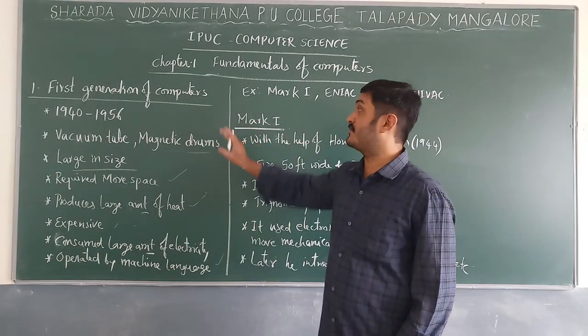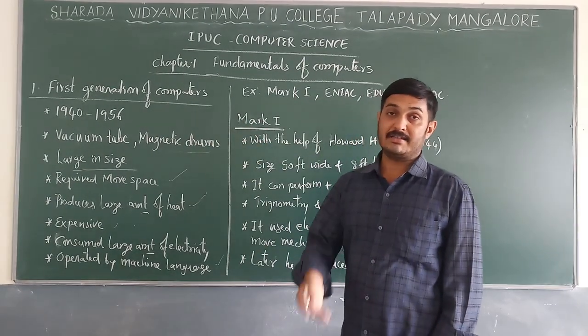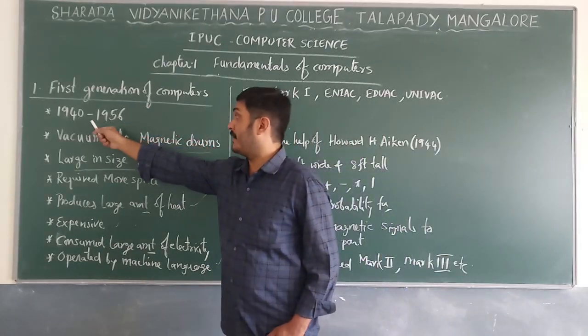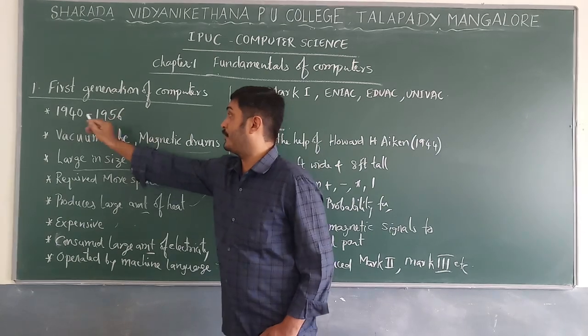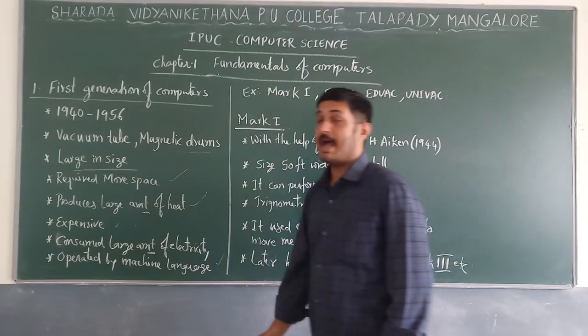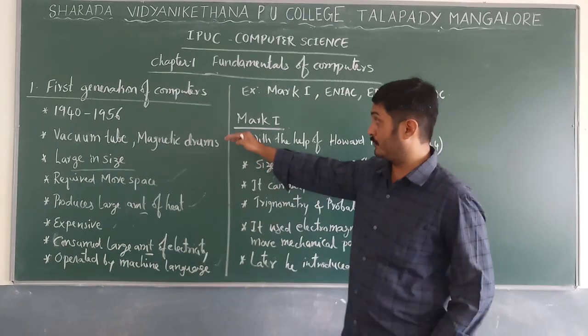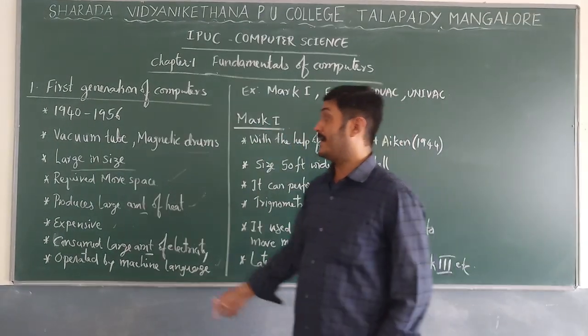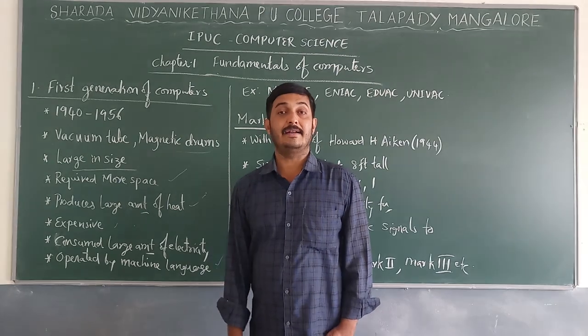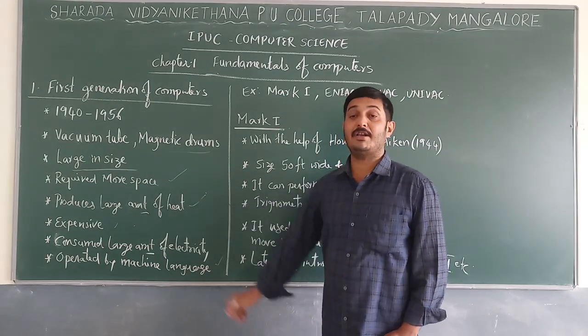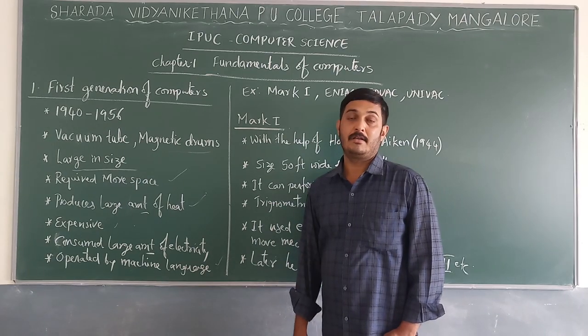Okay, these are about the first generation of computers. Some important points of the first generation of computers: it was invented during the period 1940 to 56, and vacuum tubes and magnetic drums were introduced in this time. It is large in size, requires more space, and produces a large amount of heat.